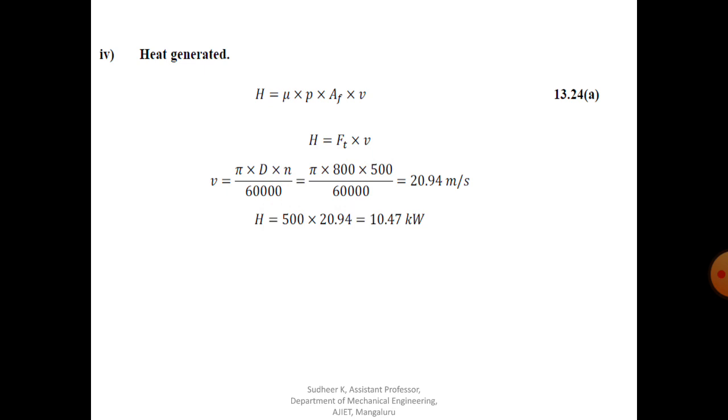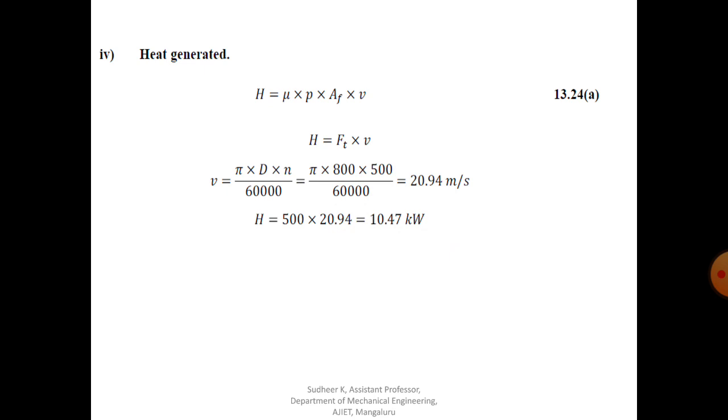So velocity you will get is 20.94. Once you get the velocity, you multiply it with the tangential force, that is H equal to 500 into 20.94. So you will get 10.47 kilowatt. That is the heat generated.